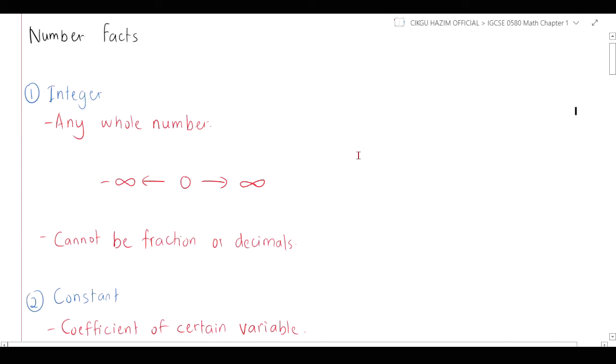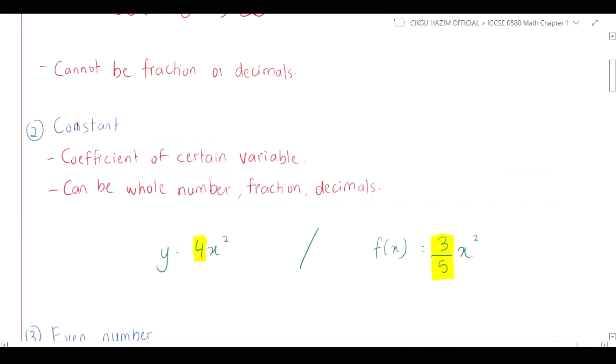That's the first one. The second one is a constant here. What does it mean by constant? Constant is actually the name that we call it, another name that we can call it is a coefficient, coefficient of a certain variable. So that's what we call a constant or coefficient. This constant here can be a whole number, a fraction, or a decimal.